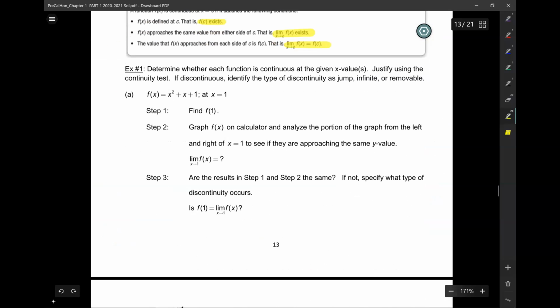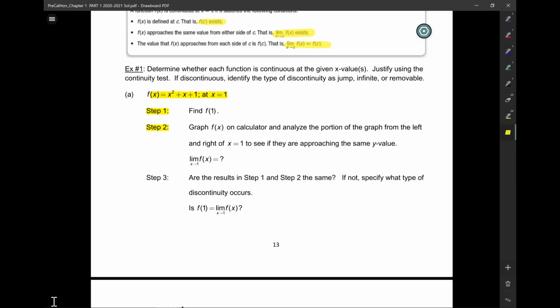Okay, so let's take an example here. Determine whether this function is continuous at the given x values. Justify using the continuity test. Okay, and then if it's not continuous, we have to specify what type. The function we're given is x squared plus x plus 1, and we're looking at x equals 1, right?